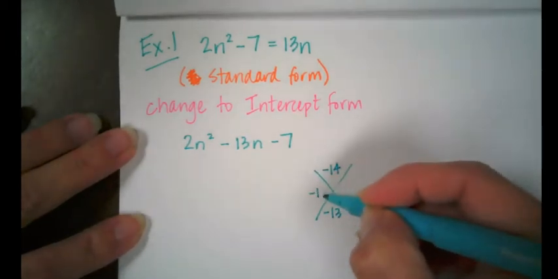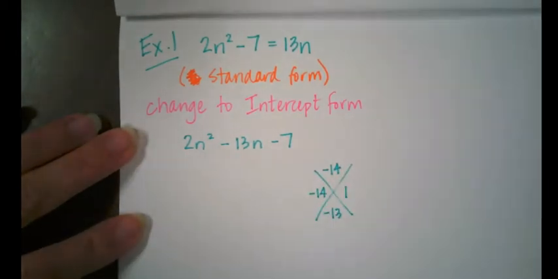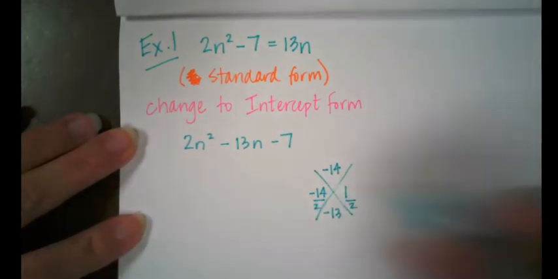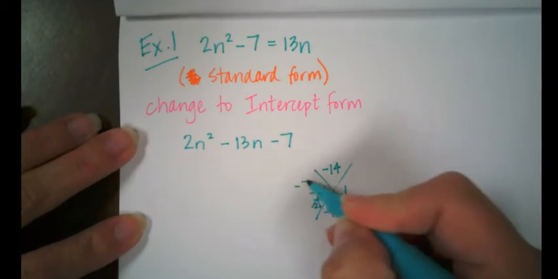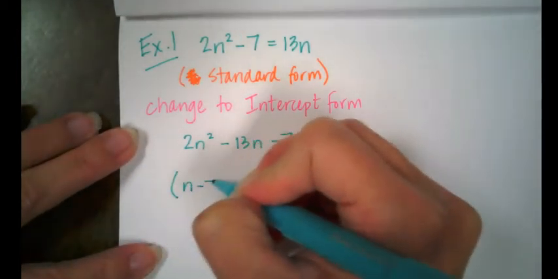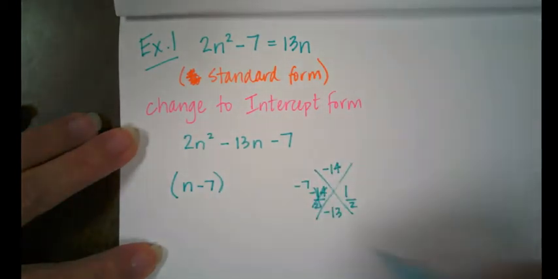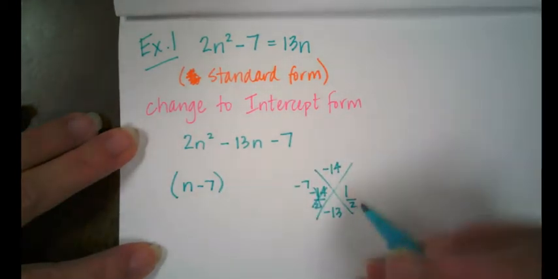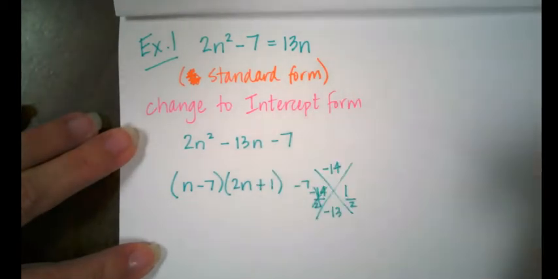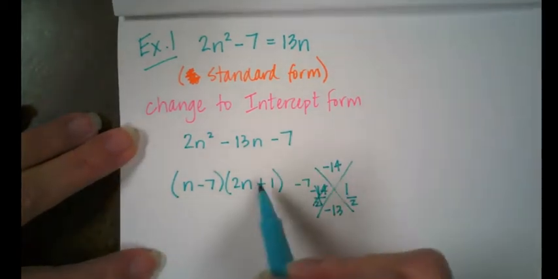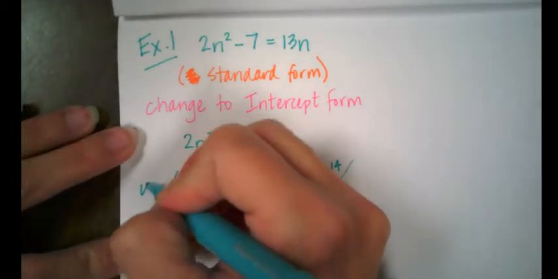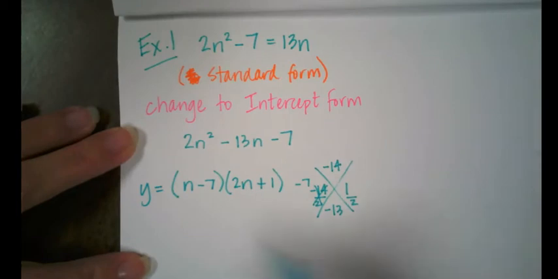So I'm thinking we can do that with negative 14 and positive 1. So then we split that up. We can reduce that to negative 7. So it looks like n minus 7 would be one of our factors, and then the other one would be 2n plus 1. And we could check it by foiling it back together, but that's our factored form, so here is intercept form.